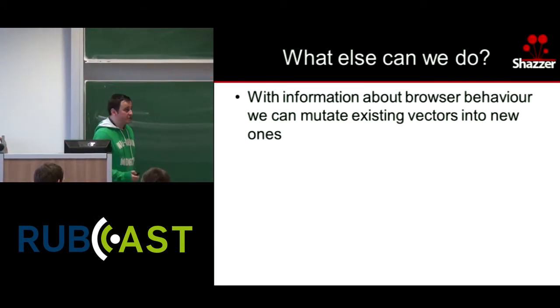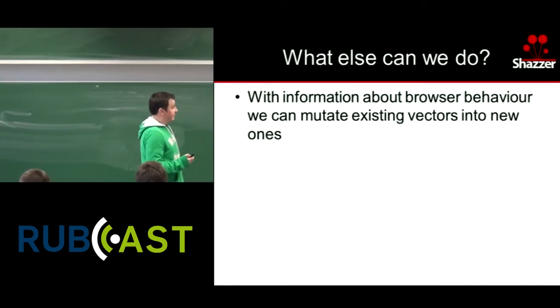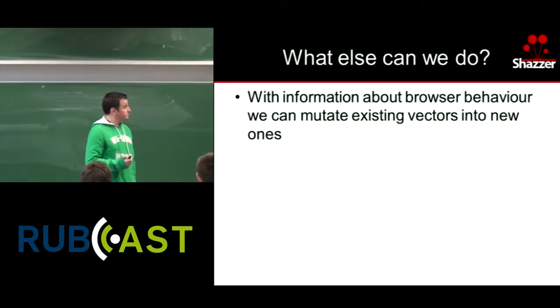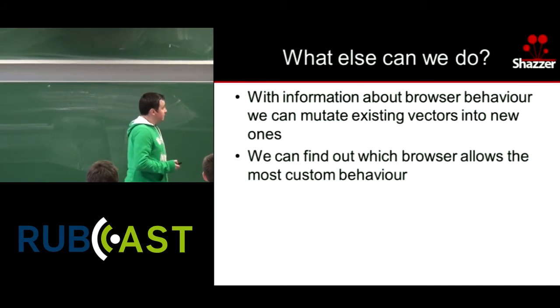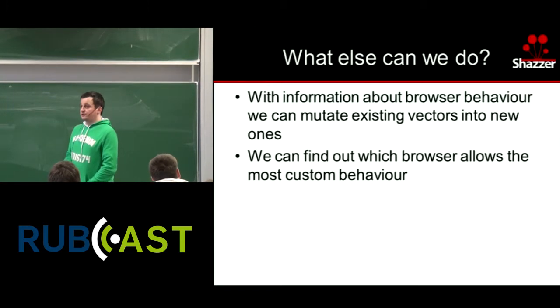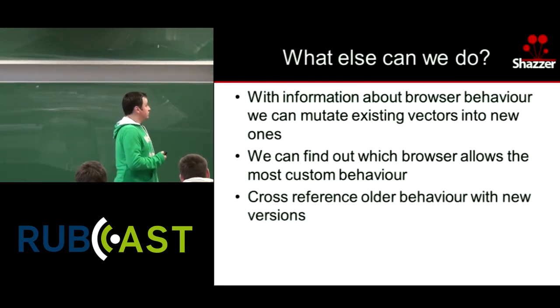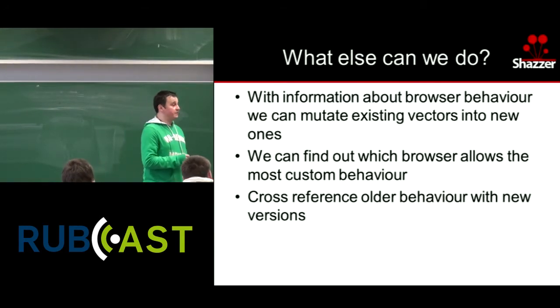So with this information, we can mutate the existing vectors and create new stuff. We can find out which browser allows the most stuff that doesn't work in other browsers. We can cross-reference that with all the behavior in the new versions.